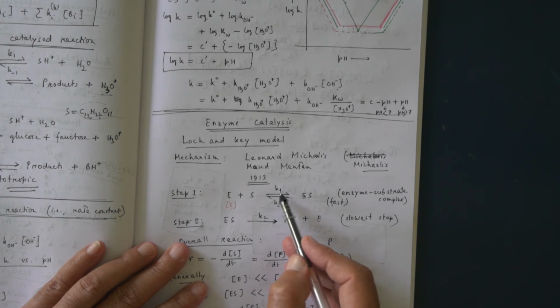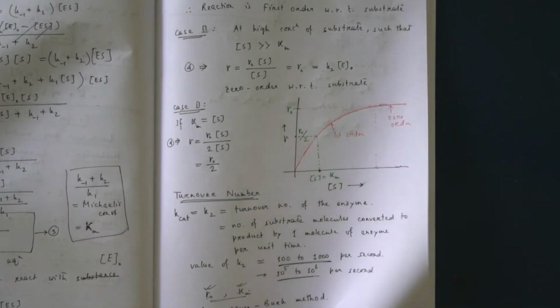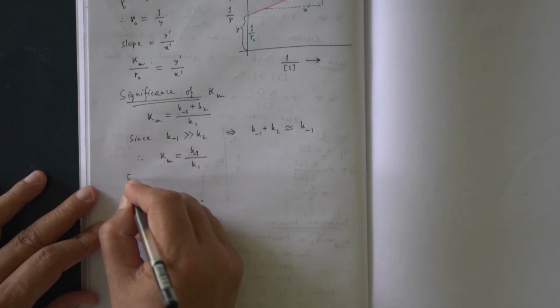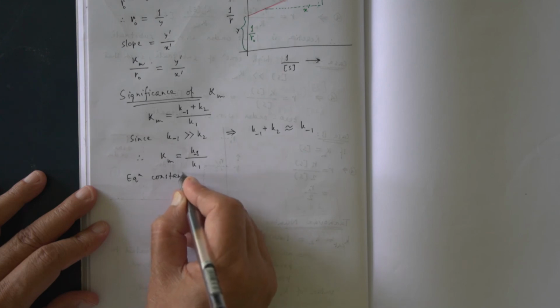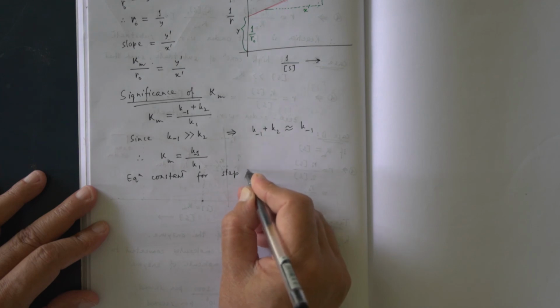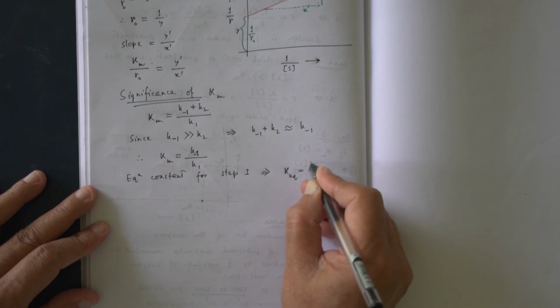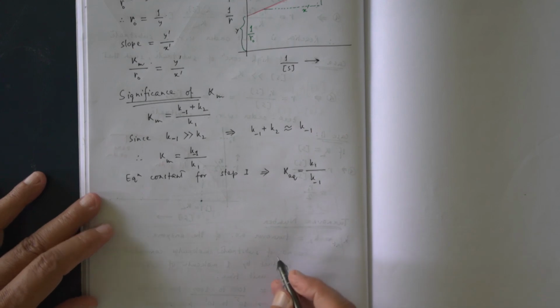Okay, so equilibrium constant for step 1, that is say k equilibrium constant, and that is equal to k1 by k minus 1.